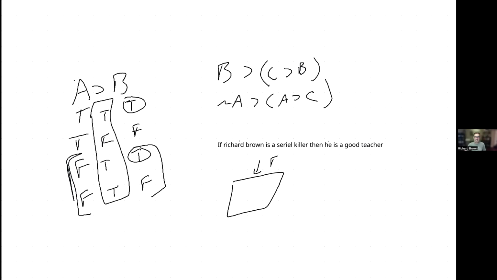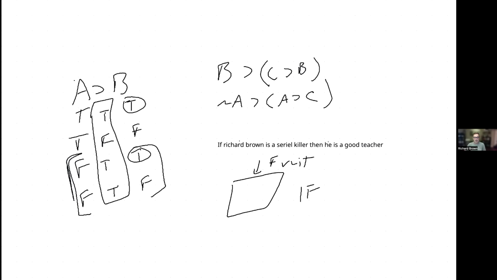And then you say, well, I don't know what kind of fruit it is, but if it's an orange, then it's citrus fruit.